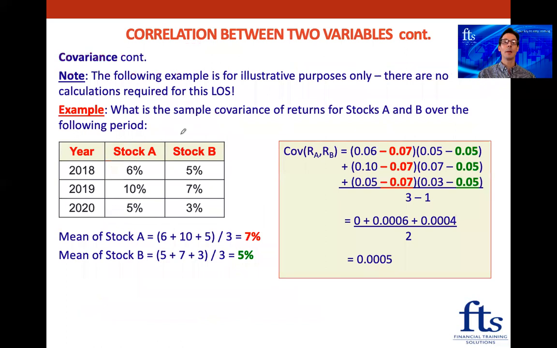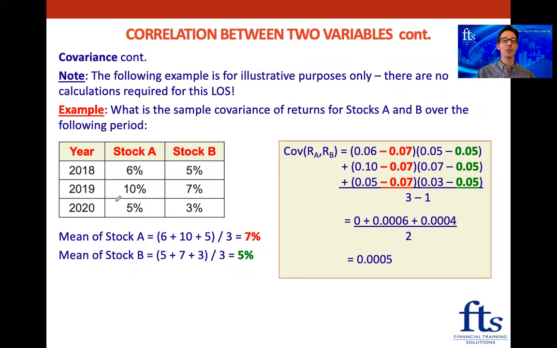But let's try this example, and I've put a note here that this is only for illustrative purposes. As I said, there's no calculations required here, but let's have some fun anyway. What is the sample covariance of returns for stocks A and B over the following 3-year period?